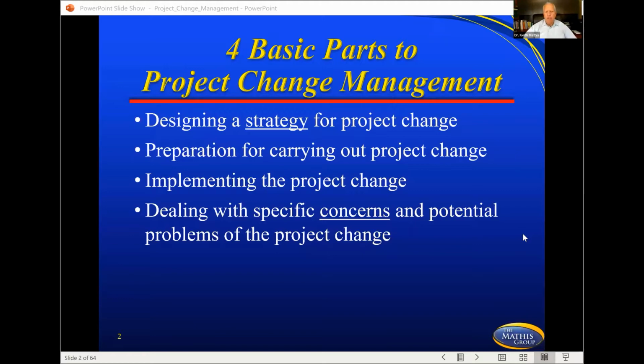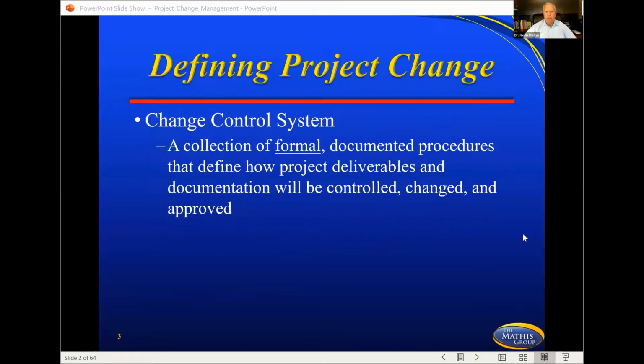Now, when we talk about project change, we're really talking about a change control system. And most of you do this every day, I know, because many of you, we've been together in class and we've talked about it. But it's a collection of formal documented procedures. Now, the length and depth of those documented procedures is going to be controlled by your organization, the type of project you have, and really how formal it needs to be. Some of your formality might be verbal, and that might be fine on one project.